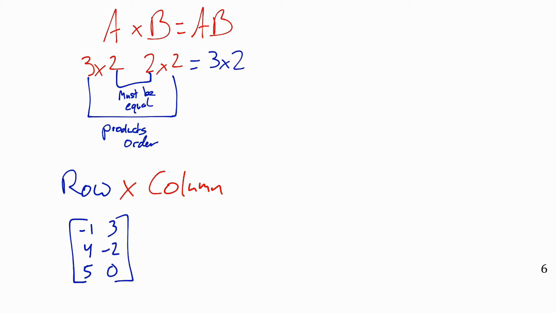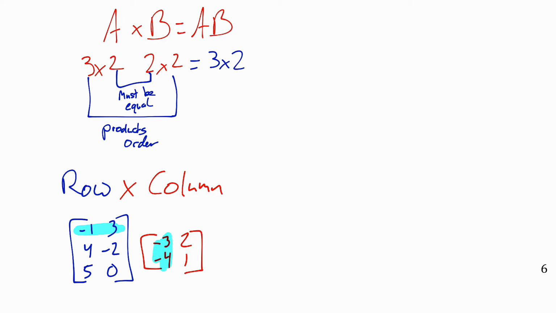And matrix B was negative 3, 2, negative 4, 1. We're going to go through and multiply every row by every column. I'm just going to highlight a couple things here. We're going to start off by multiplying this row by this column. Now, what does that look like?